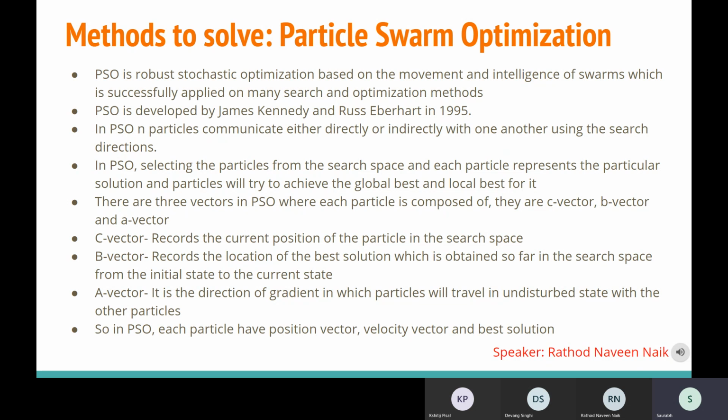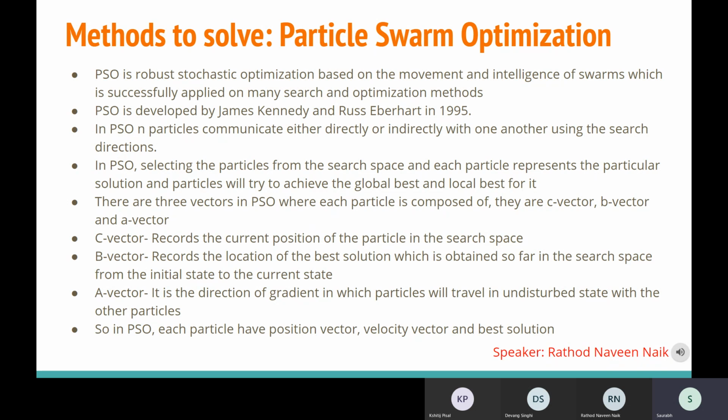It solves a problem by having a population of particles and moving these particles around in a search space according to the different constraints available and the mathematical formula over the particle's position and velocity.